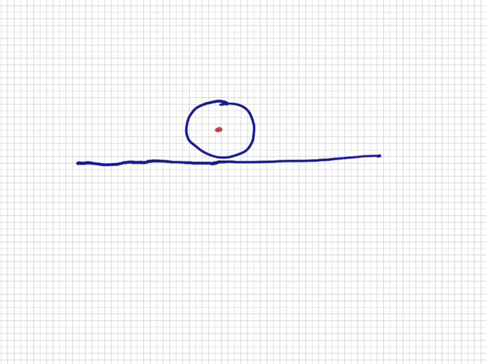What makes this go forward? A force. And where is the force? Not under the center, because this does not move on ice. On the right edge. So I should put the force here, like this. Of course there's a downward force as well.